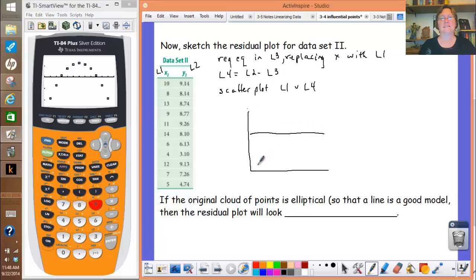Here's the x-axis, and we've got a really nice parabola going here, which doesn't surprise us because of course when we looked at that Anscombe plot we could see the start of that. This has definitely got a pattern. That means a line is not a good model for this data. Definitely a pattern. The line's not a good fit.